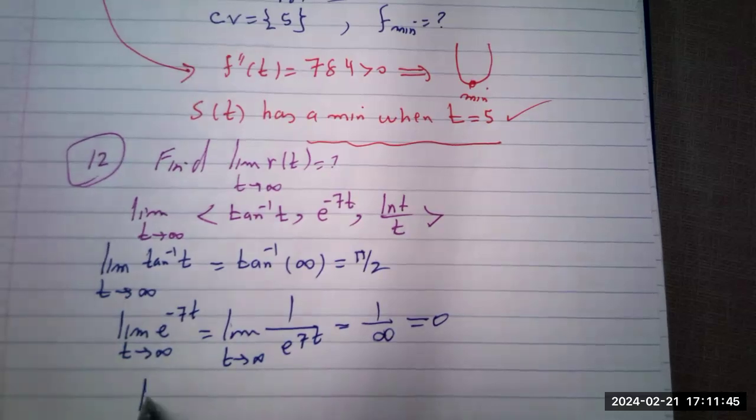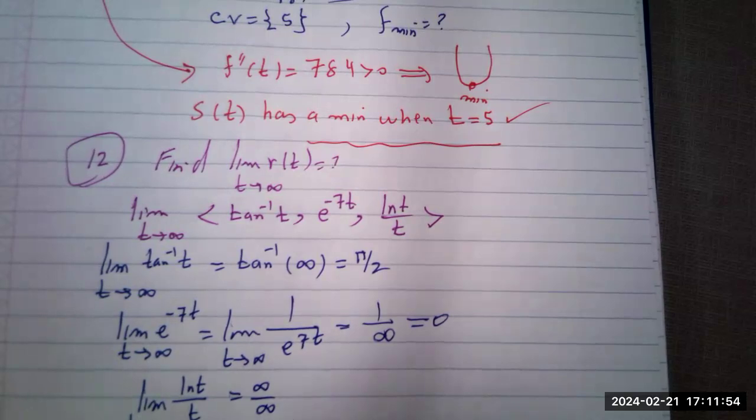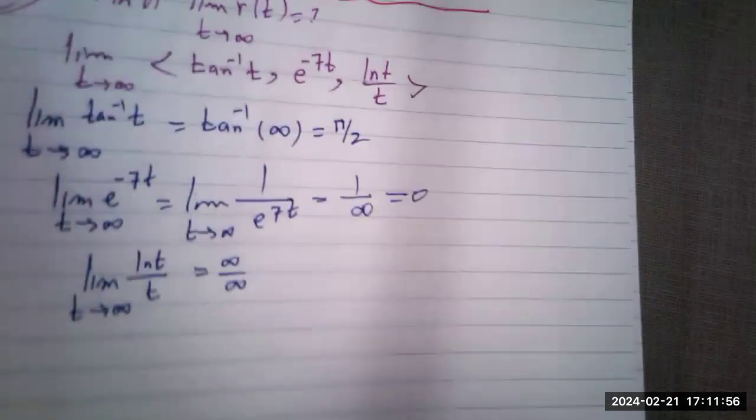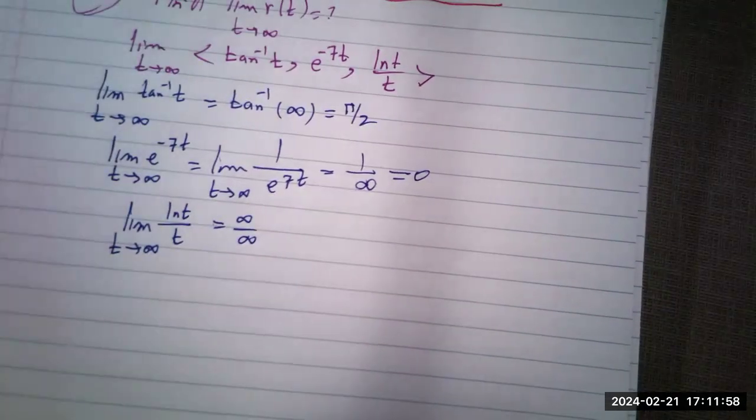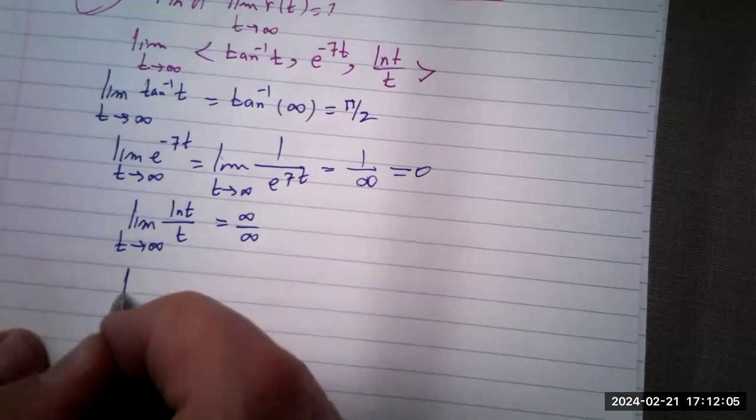And the last one, you want to find the limit of ln t over t, t goes to infinity. This would be infinity over infinity, and you have to use the L'Hopital rule. Okay, you differentiate the top and the bottom, and then substitute again. So this is it.